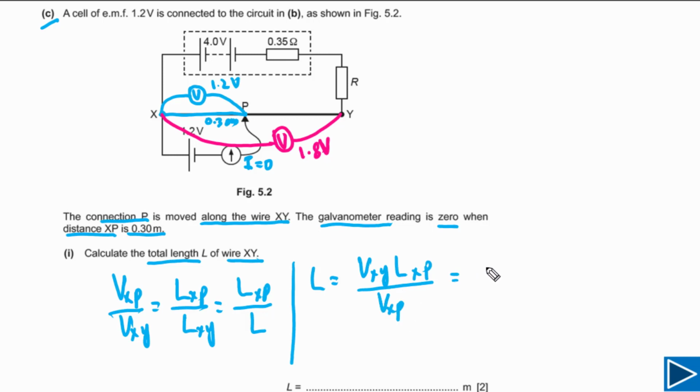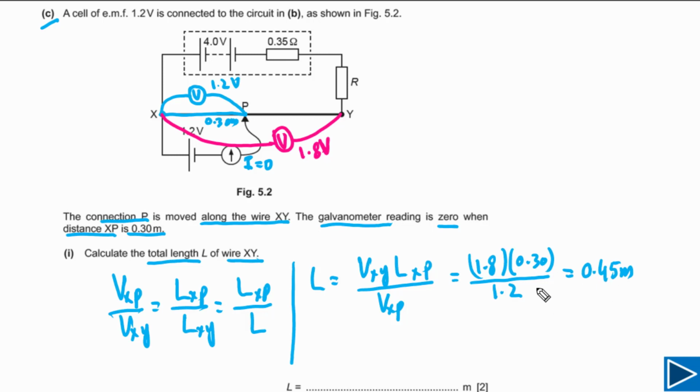VXY we have that is equal to 1.8 volts. We need to multiply with LXP. LXP is 0.30 meters. We need to divide by VXP, and the VXP is 1.2. If we solve this one, our final answer will be 0.45 meters. So this is the final answer.